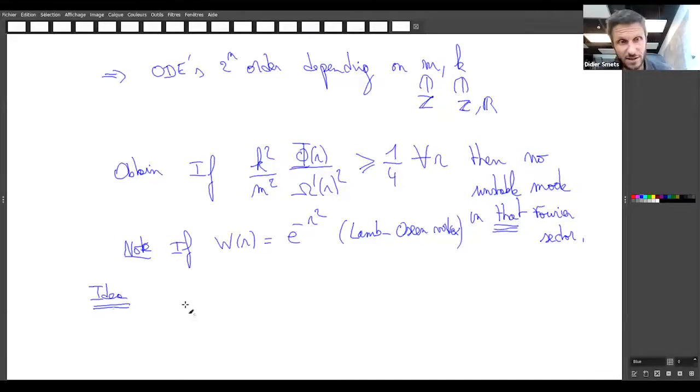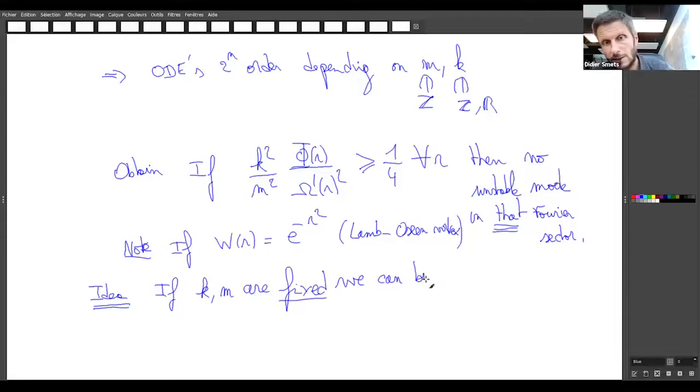So the idea here is that if K and M are fixed, we can build a special capital omega, let me call it capital omega of M, K, for which star holds.